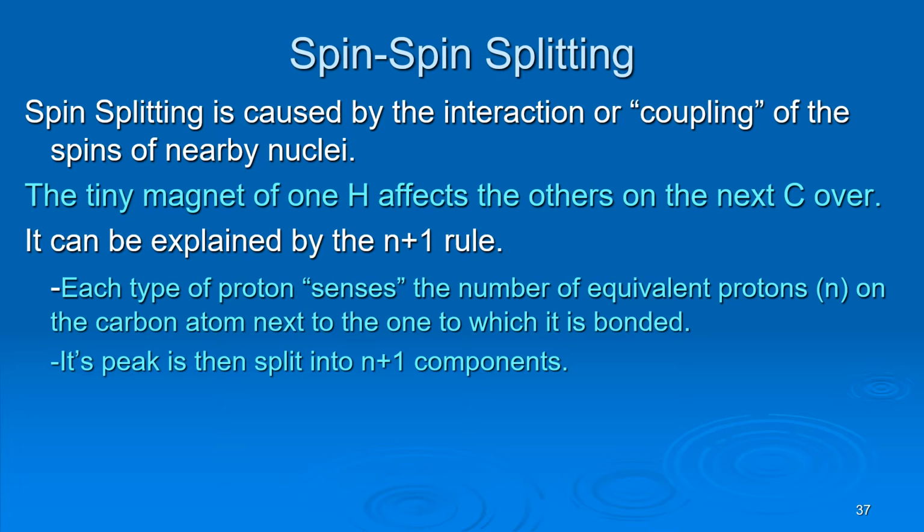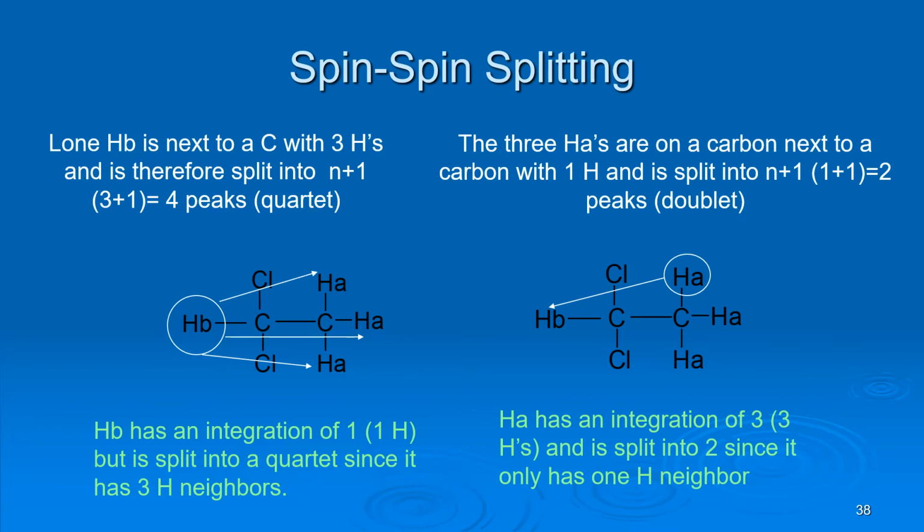What that is: each proton senses how many equivalent protons are on the neighboring carbon, and then its peak is split into N+1. If we look at the previous example, this is kind of how it worked. There you can see that there's 3 over here that we're calling HA.